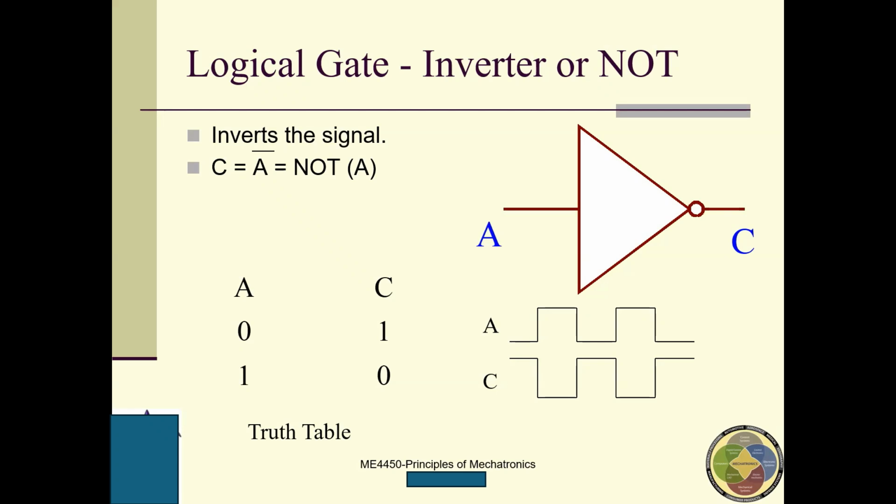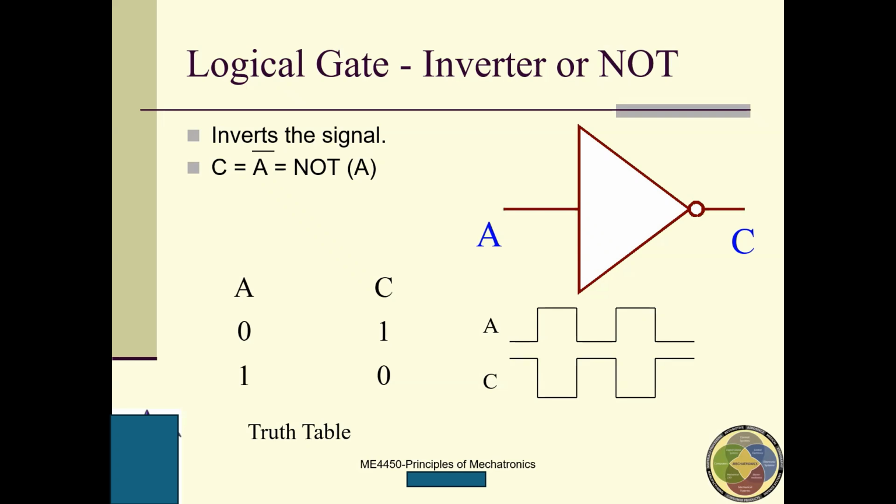The time history is this. Whenever your input A is 0, your output C is 1. And whenever A is 1, C equals 0. Opposite. Right? So we call this history the timing diagram.